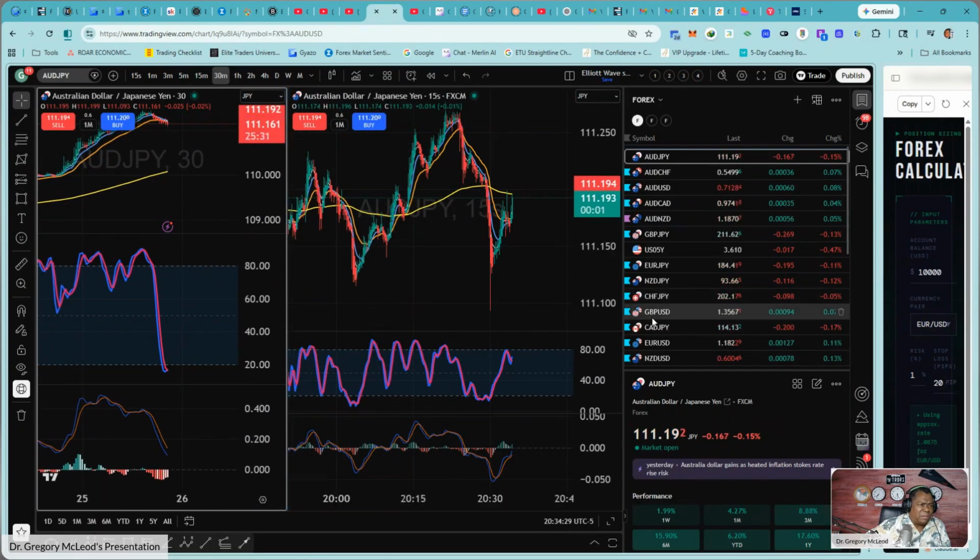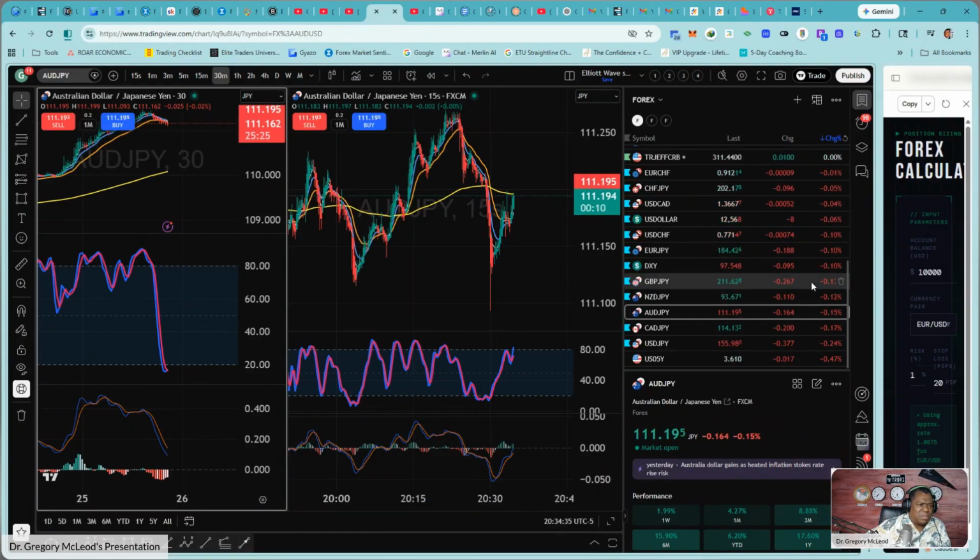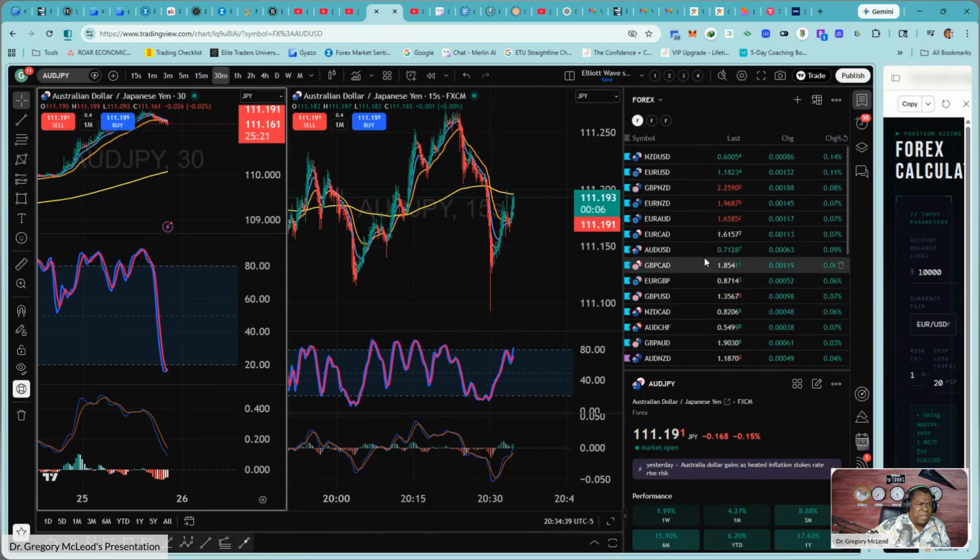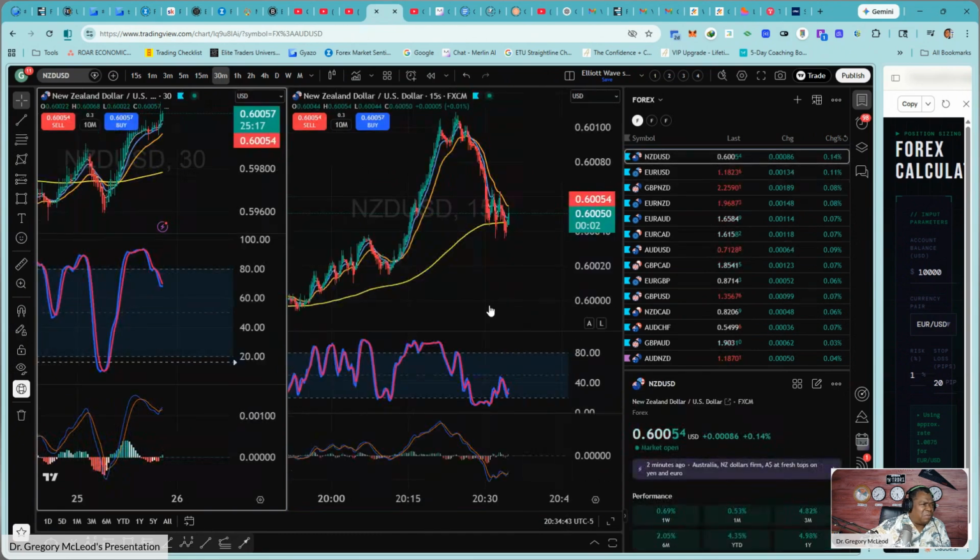How about pound yen? I think all the yen pairs are getting crushed. Yep. Aussie yen, CAD yen, pound yen. And that one's been Kiwi dollar, but they've all fallen severely. Euro CAD.